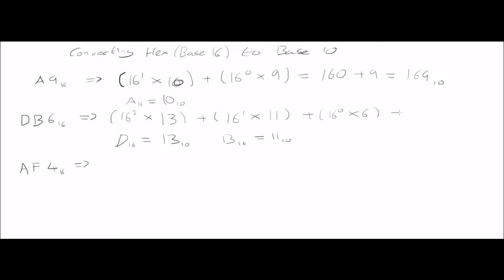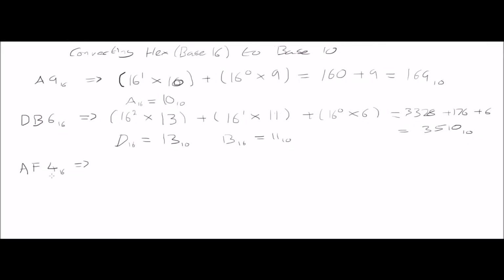Okay, and if you do all that, you end up with 3,328 plus 176 plus 6, and if you add that up on your calculator, you'll get 2,510 in base 10.